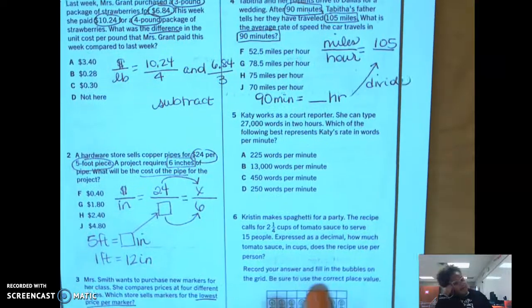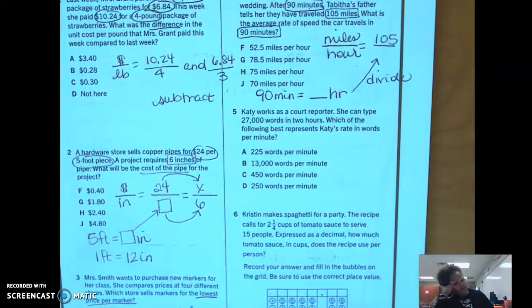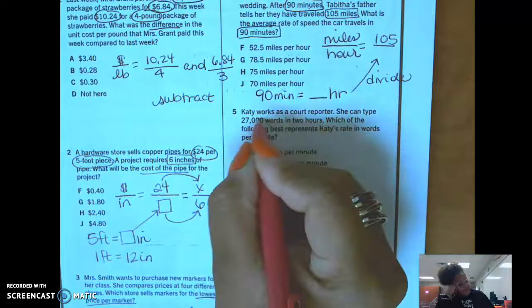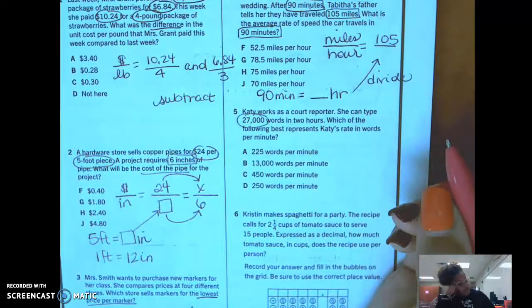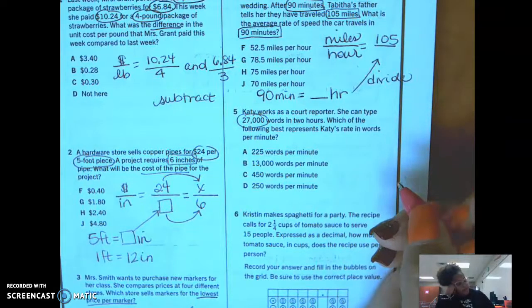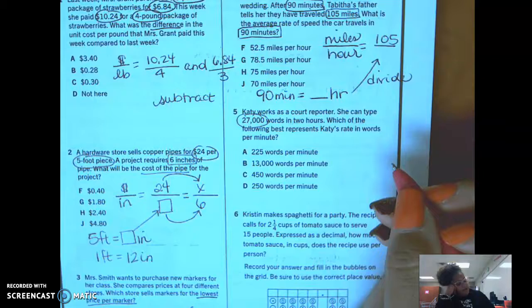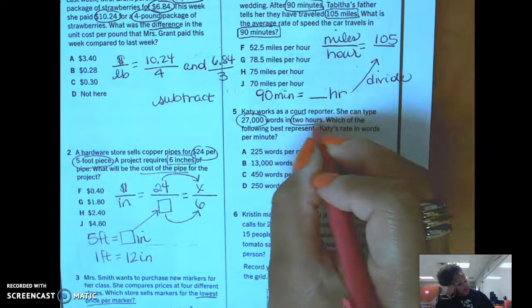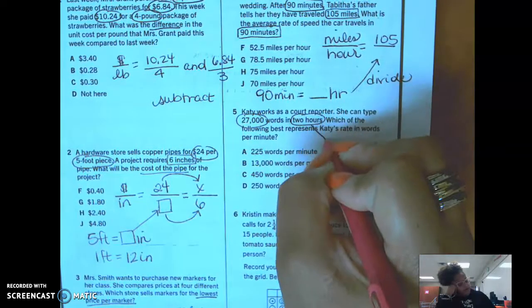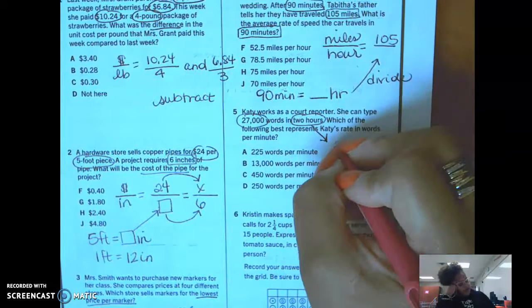Number 5. Katie works as a court reporter. She can type 27,000 words in 2 hours. Which of the following best represents Katie's rate in words per minute? 2 hours. How many minutes is 2 hours?